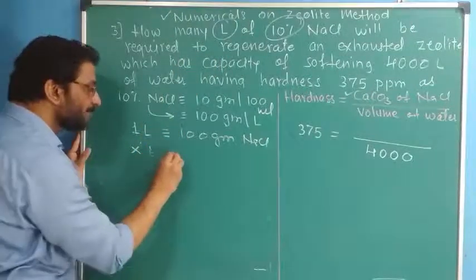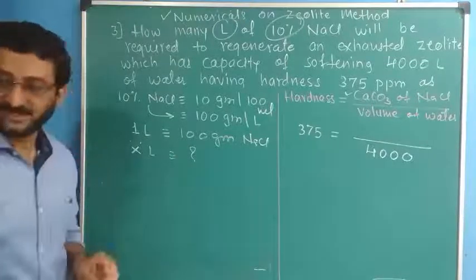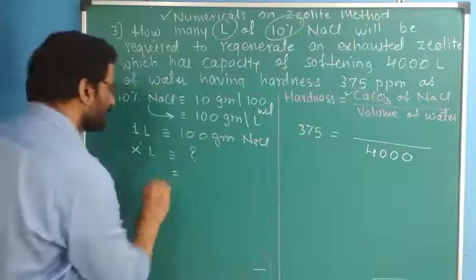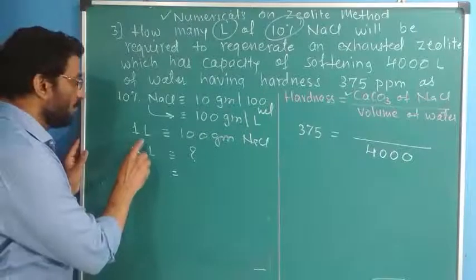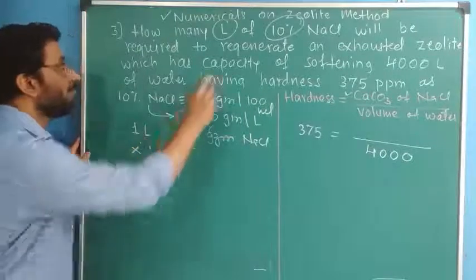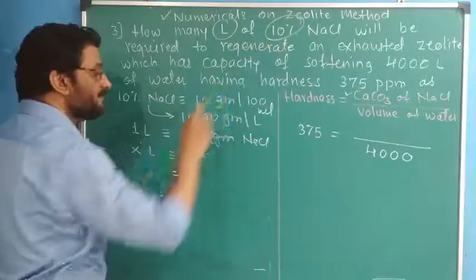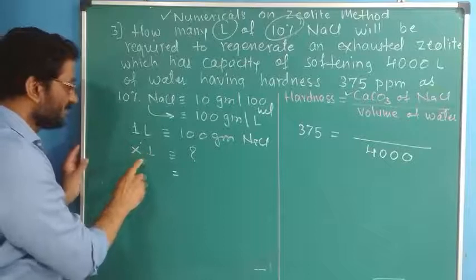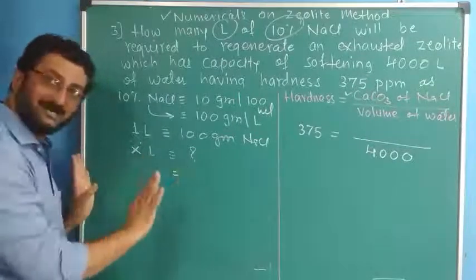X liters corresponds to how much? They have asked for volume, such volume of 10%. 1 liter contains 100 gram. So how many liters are required? X liters corresponds to how much? That way we will put.